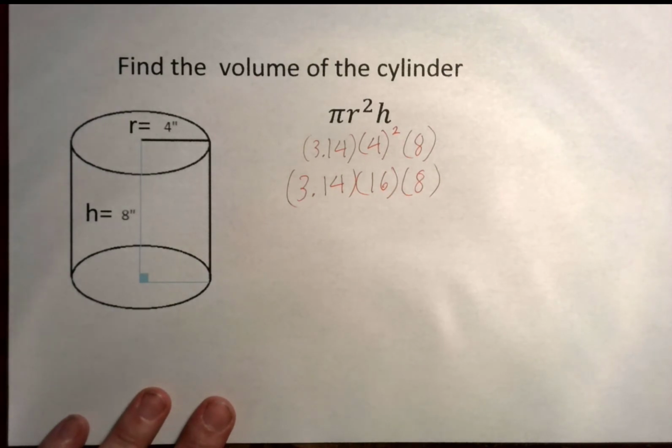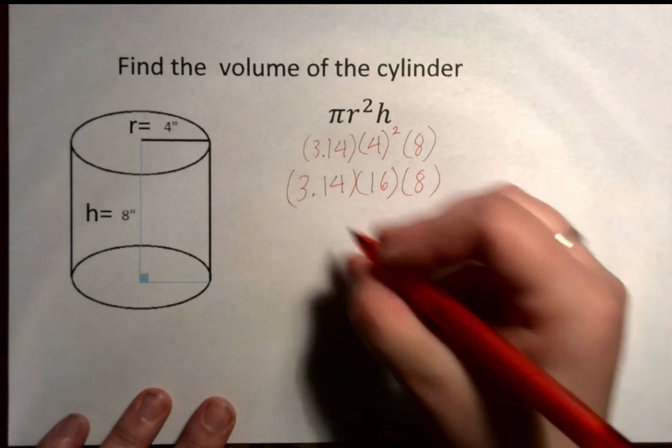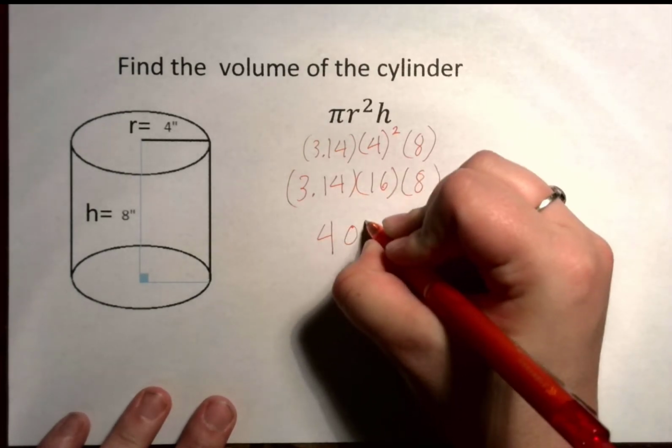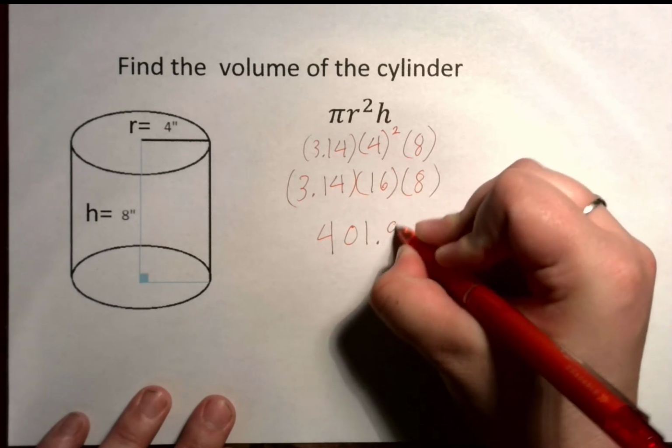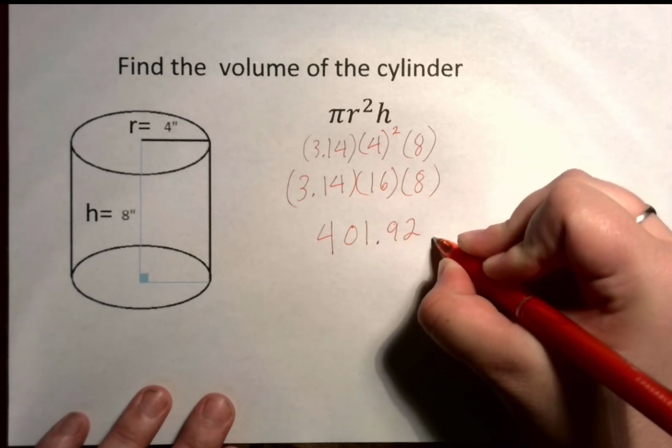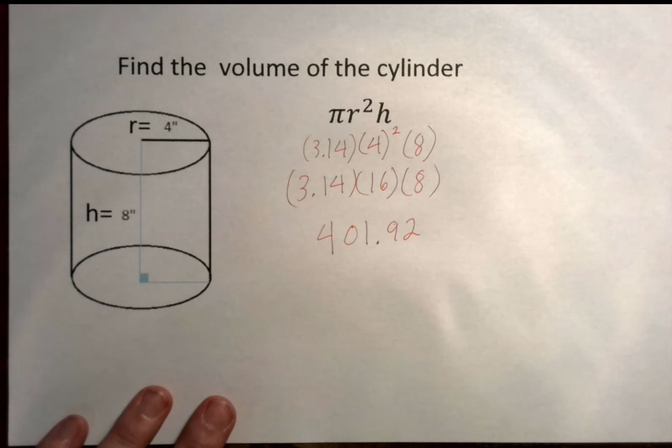So 3.14 times 16 times 8, which is 401.92 inches cubed. When we do volume, our measurement is in cubes.